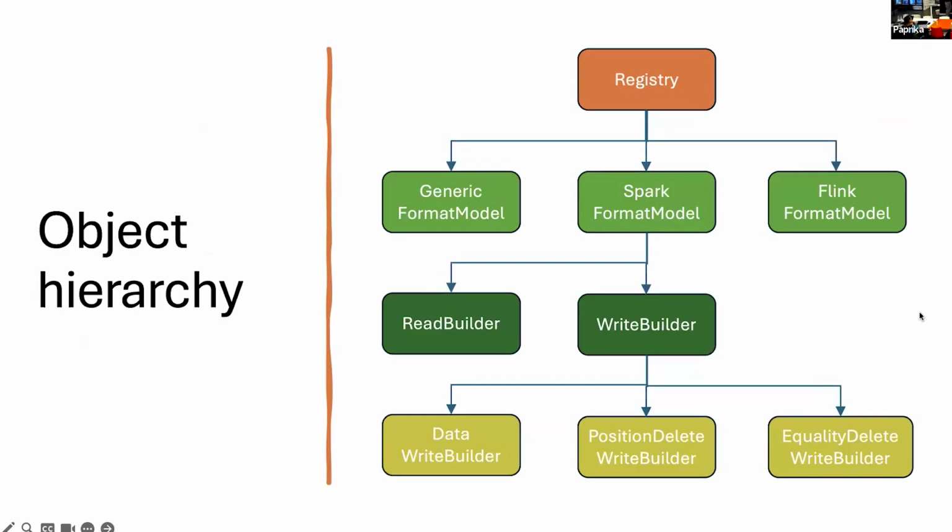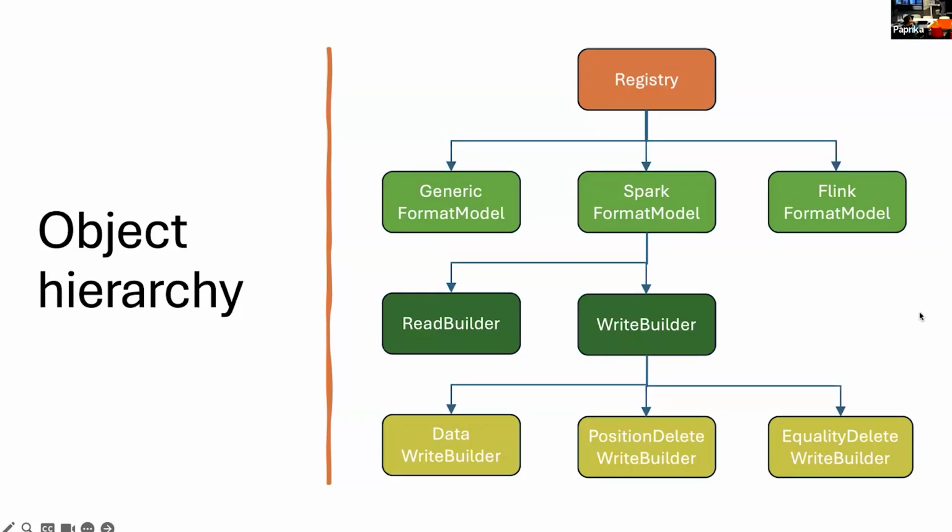And then when we need to create the write builder and the read builder, these models are creating them. So every format model will create the read builder and the write builder. In the case of the write builder, it is just for the binary writing.